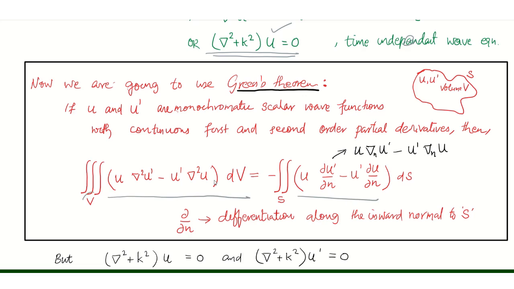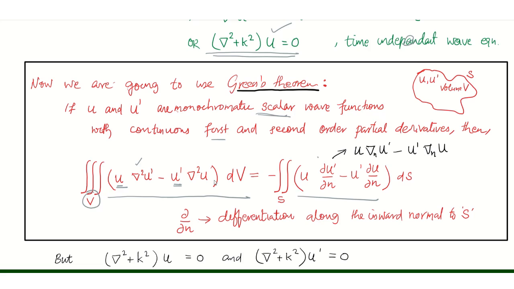The volume integral of this quantity here, u and u prime. u and u prime are monochromatic scalar wave functions, with continuous first and second partial derivatives.